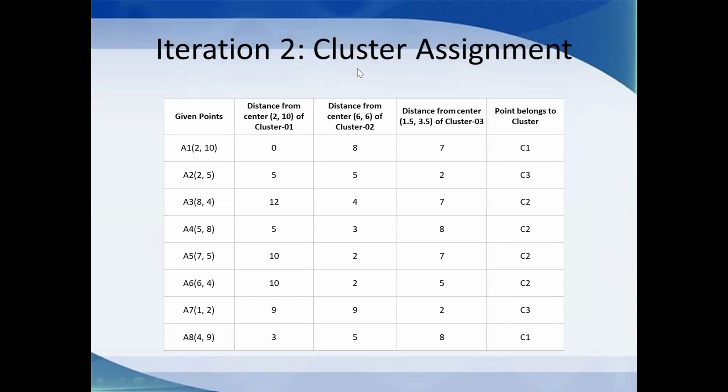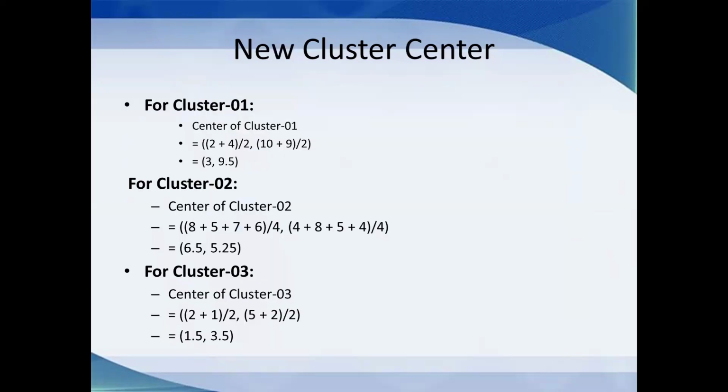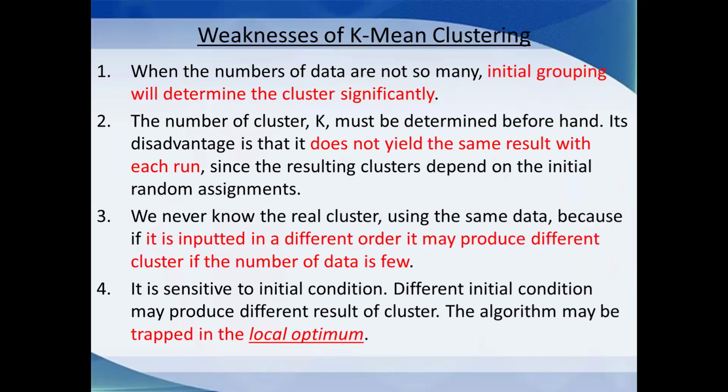Then, after the updates, we again calculate the distance between the centroid and all other points, and based on that, we assign a cluster for the data point. So this process is repeated till there is no change or movement of data points between clusters.